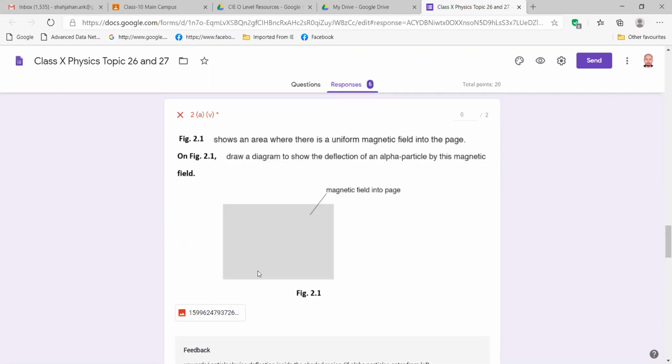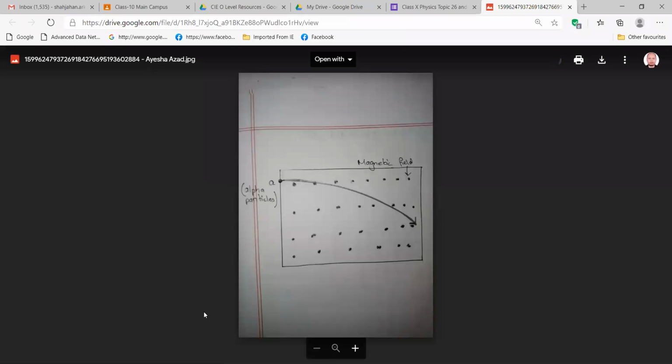this one actually I expected you to do correctly. I did too. I know where I went wrong, and that really made me angry. Look here. We have your magnetic field into the page, right?